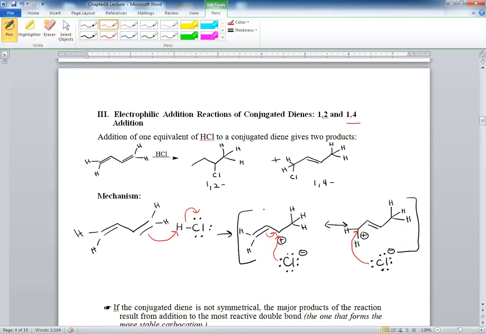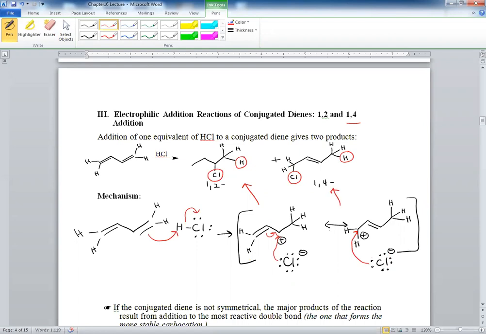And of course, if it goes this way, then you would get this product, and I'm going to circle the Cl and the H. And if it goes through the second pathway, then it would give you the second product, the 1,4.